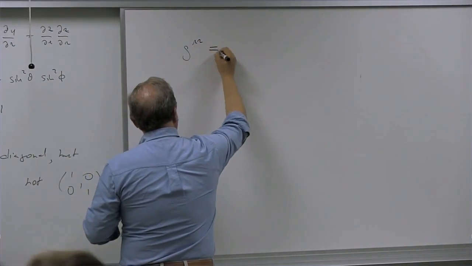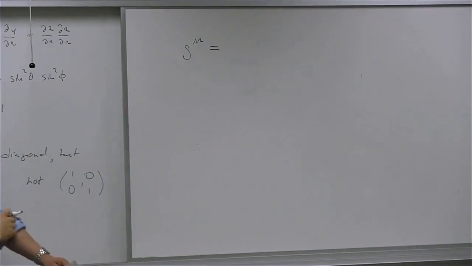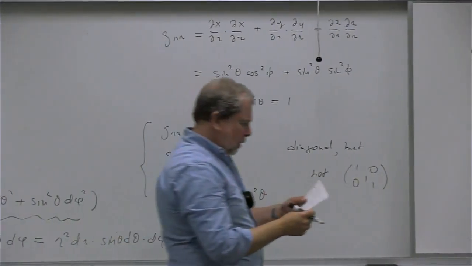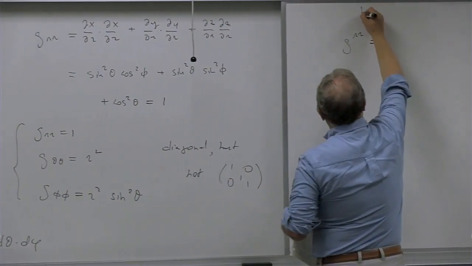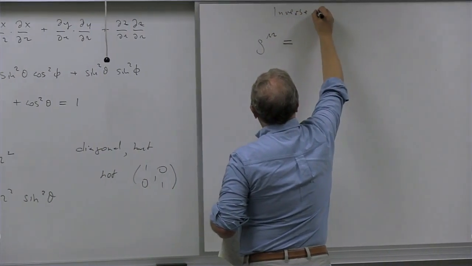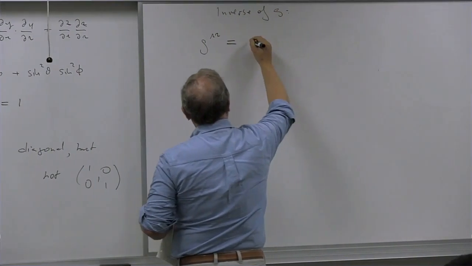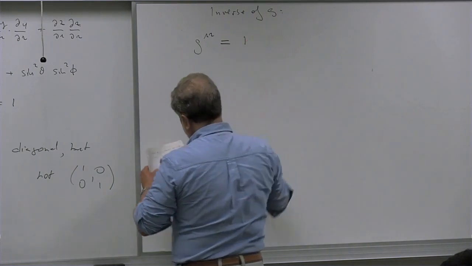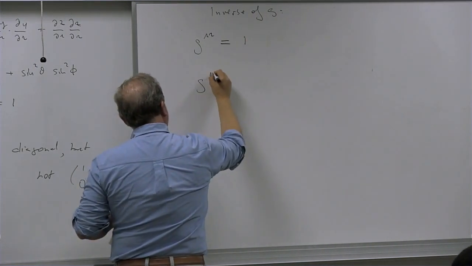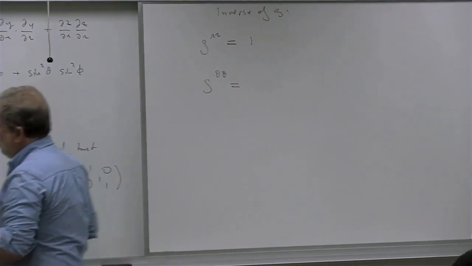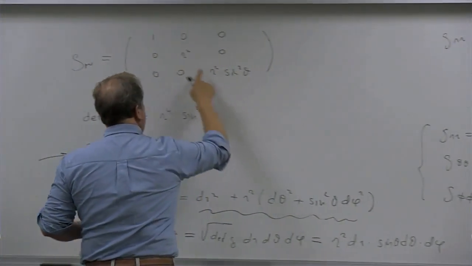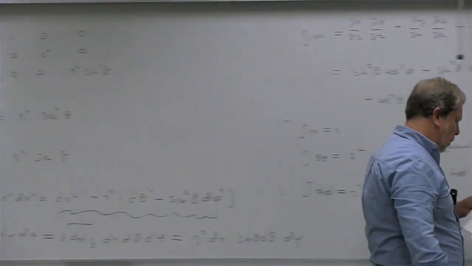So g^rr, remember we denote the inverse by having the indices upstairs, is just equal to 1. And g^theta theta is the inverse of this matrix element, right? So it's 1 over r squared.